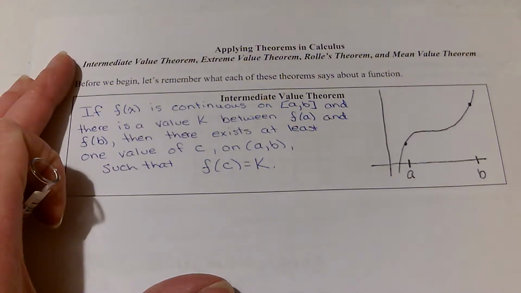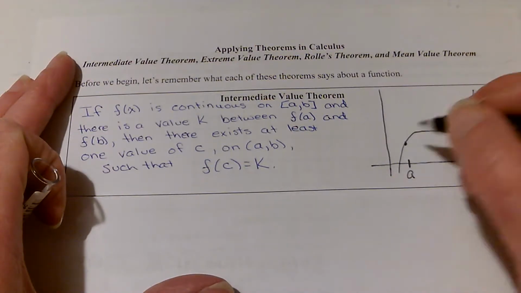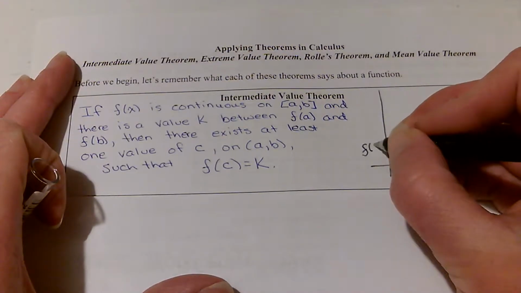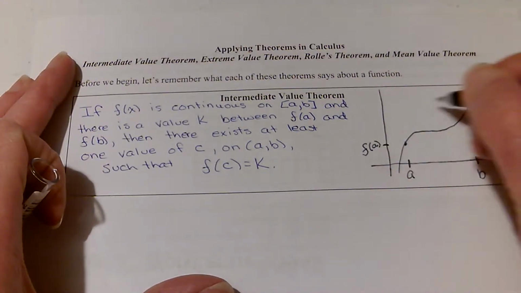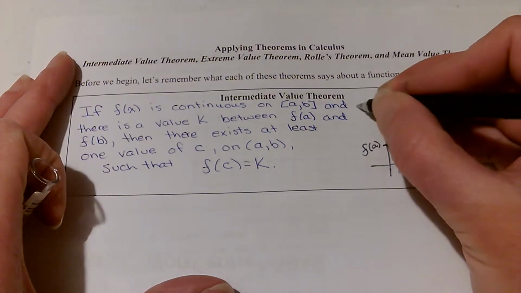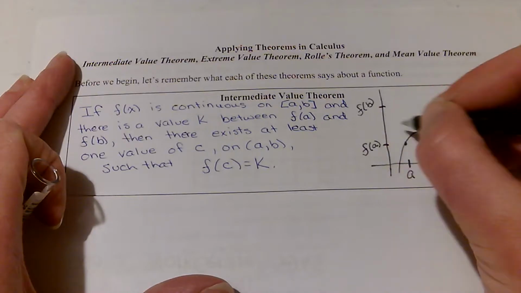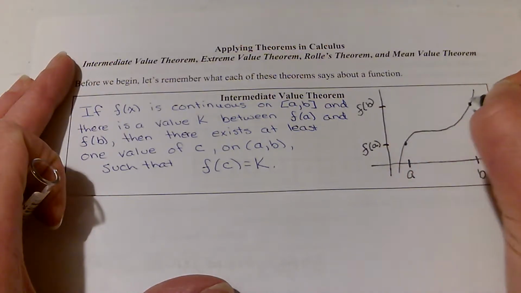and there is a value k that's between f of a, which would be right here, the y value with a, and f of b, the y value with b.